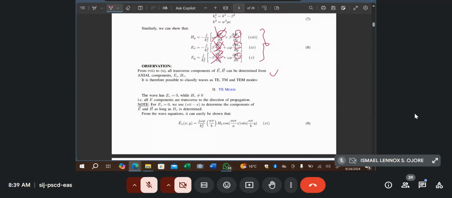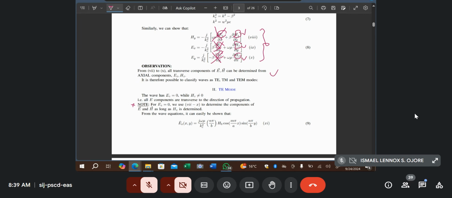So that's why we are saying here, for Ez equal to 0, we use 7 to 10 to determine the components of E and H as long as Hz is determined. And that is true, you can see. So long as we have Hz, we are able to compute those components. From all that, you can actually show that now we can have Ex, Ey, Hx, Hy.